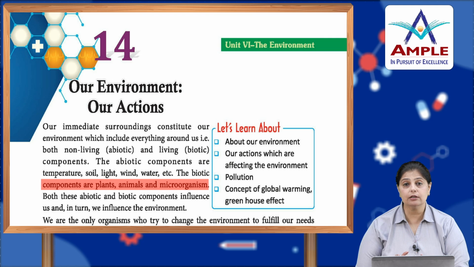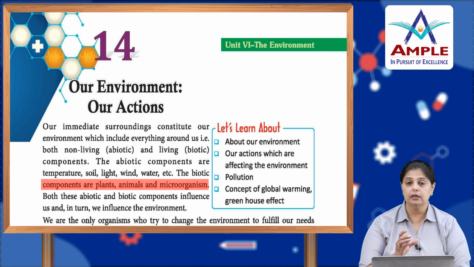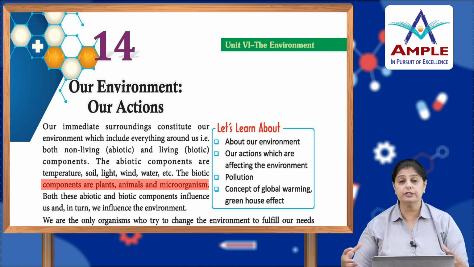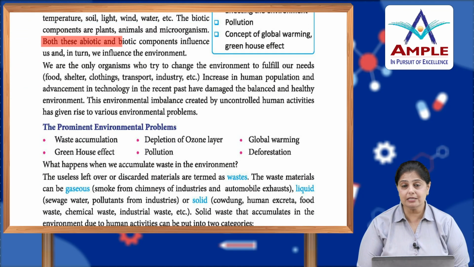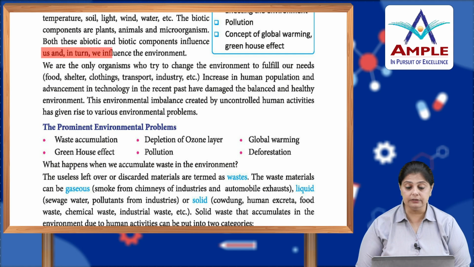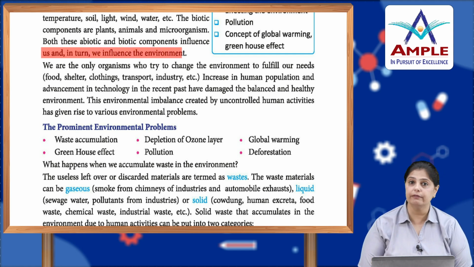These components, temperature, soil, light, wind, water, plants, animals, microorganisms, all together form our environment. Both these abiotic and biotic components influence us, and in turn we influence the environment.